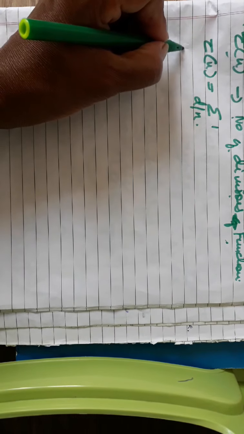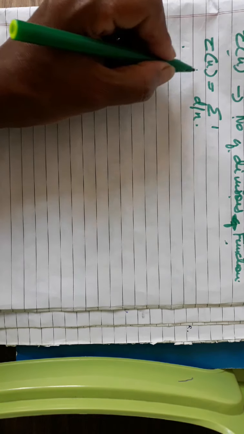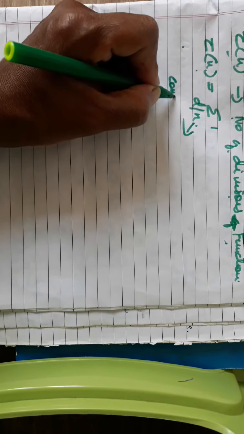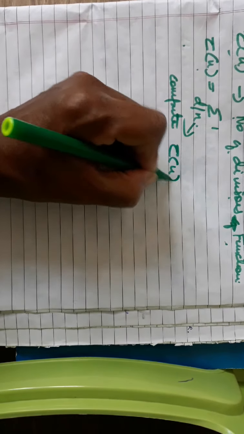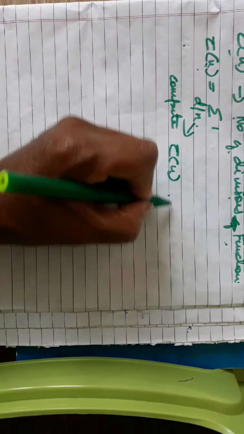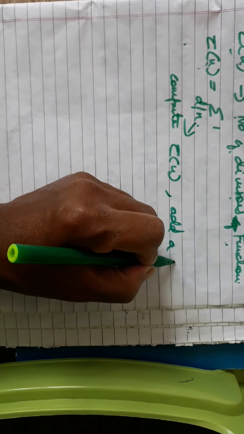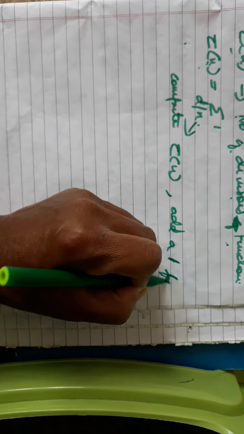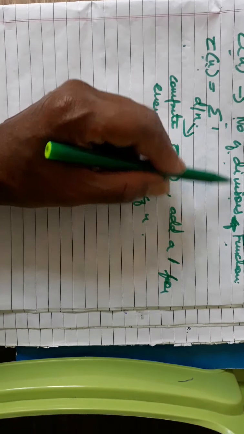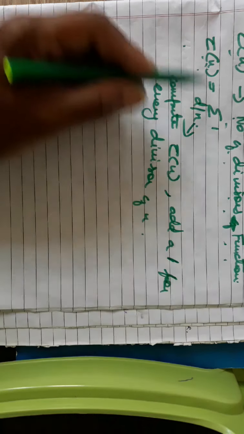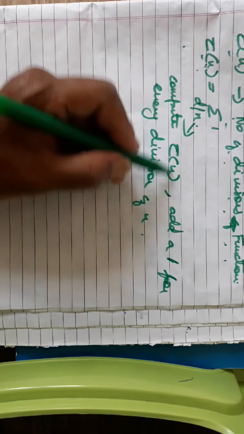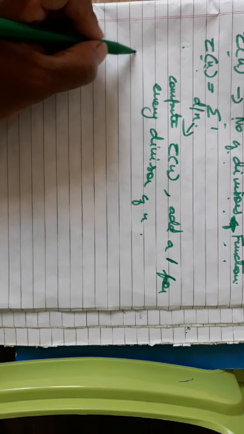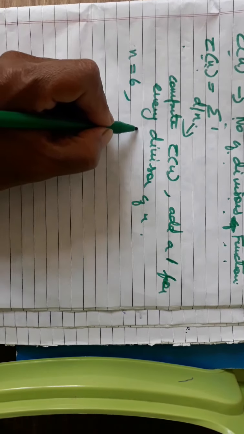This notation means that to compute tau of n, we add a 1 for every divisor of n. For example, if n is equal to 6, the divisors of 6 are 1, 2, 3 and 6.